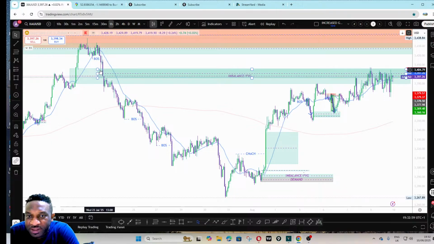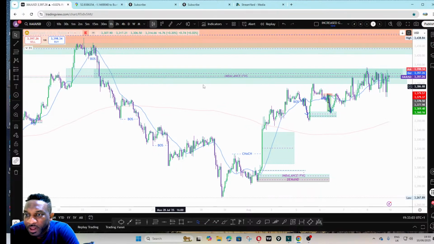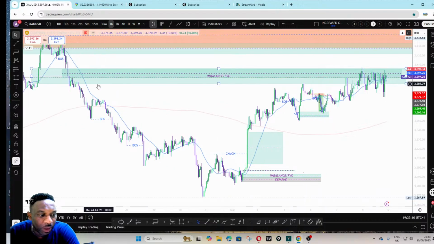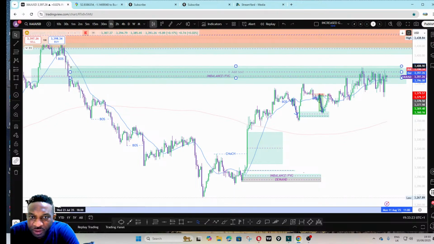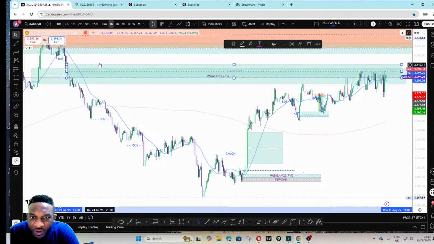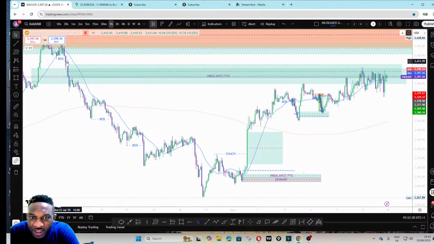Yes, we can identify this imbalance right here. So that's what has been filled or not fully filled. On the 1 hour time frame, we can mark it from here. The area we are referring to is this candle here.